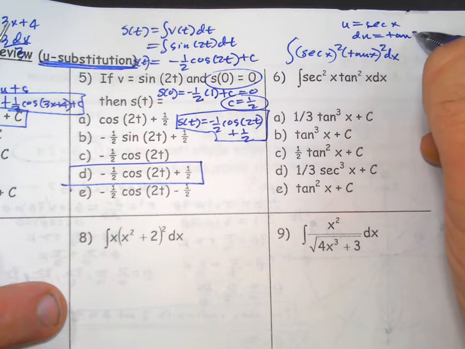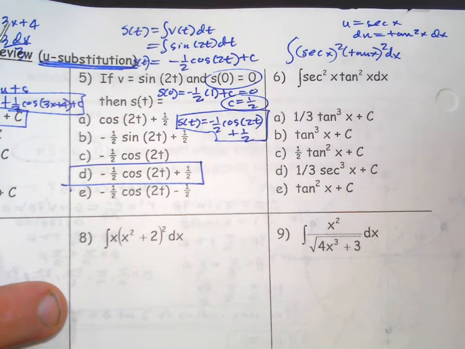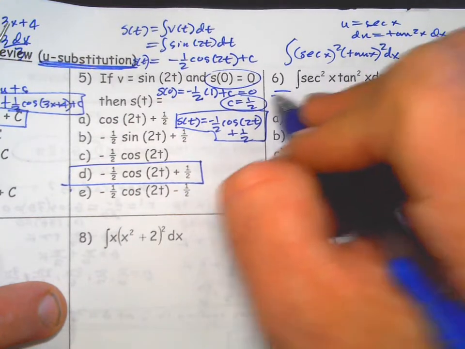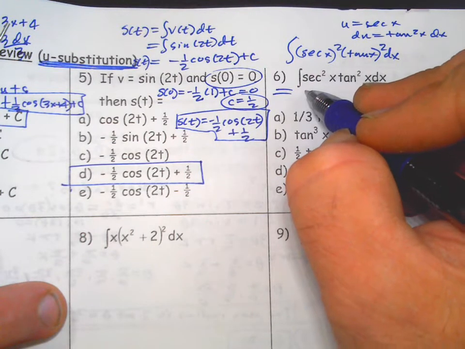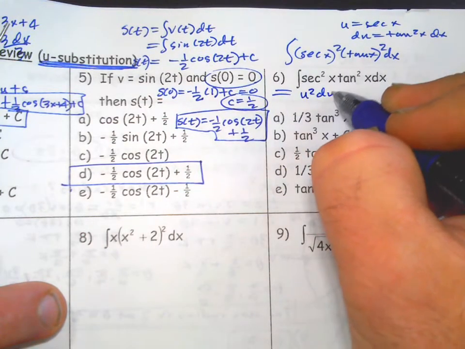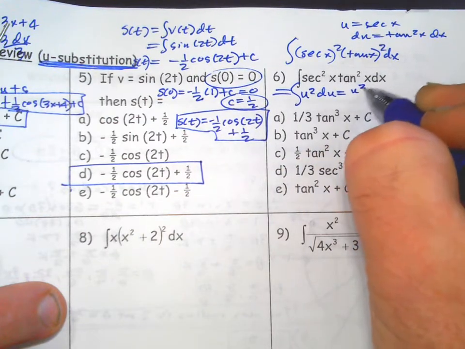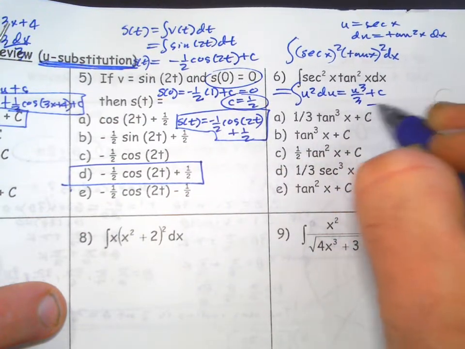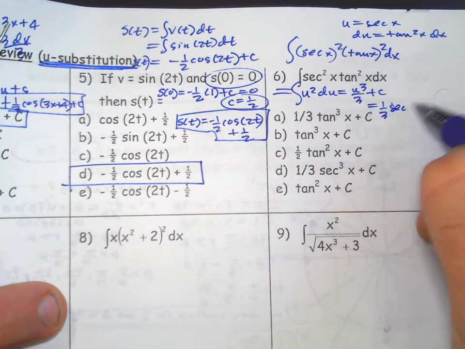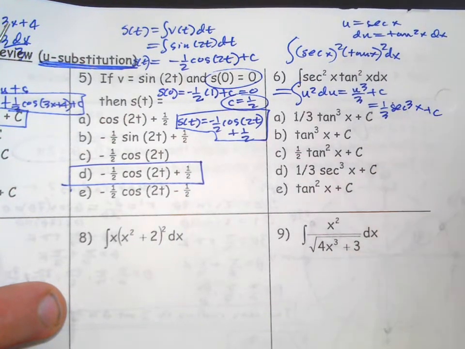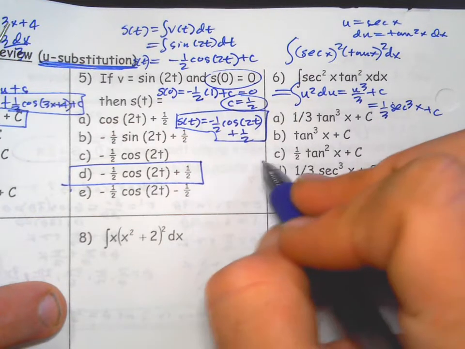Whereas if you picked tangent, the derivative of tangent, secant tan, doesn't really work out as nice. So this is going to be u squared du, and so it's going to be u cubed over 3 plus c. So it's going to be 1/3 secant cubed plus c.